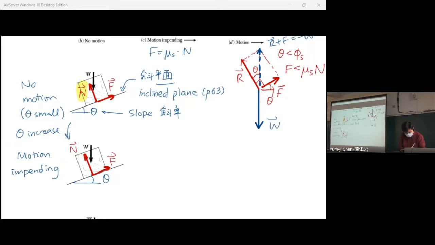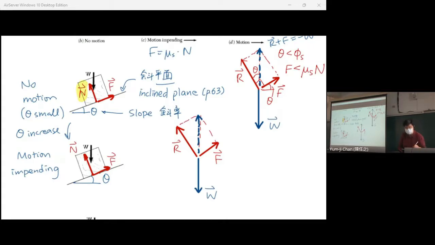So in this case, W is here. R is here. F is here. And we still have this relationship.